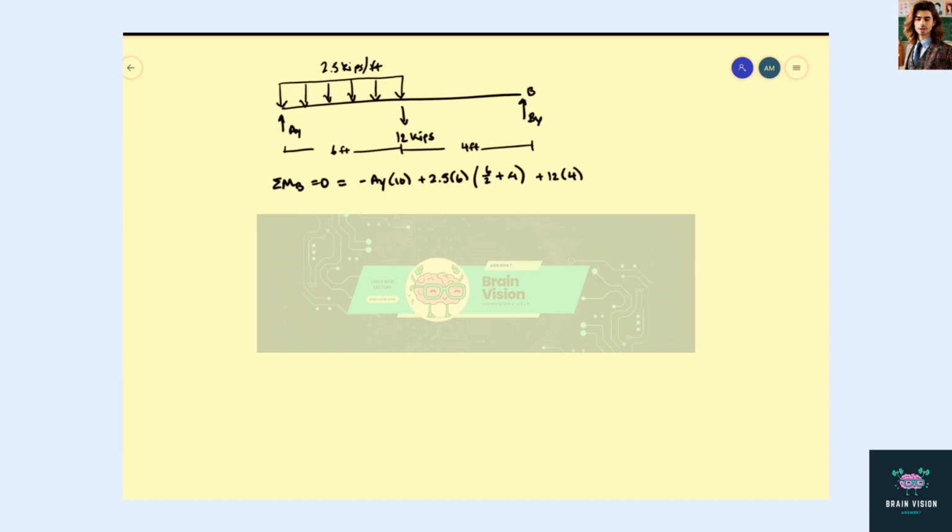And to get this, we're finding the force at the center, so 2.5 times 6. And then we take half the distance of 6 feet and add the rest of your distance to B. So solving for all that, we get AY is equal to 15.3.